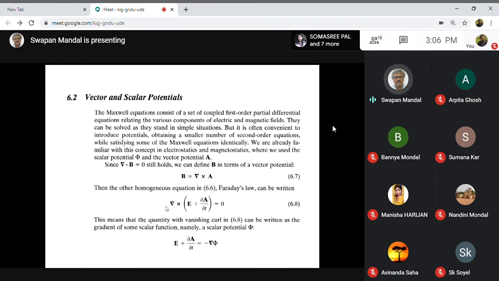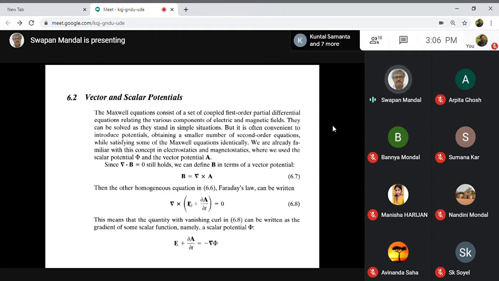Since curl of E plus del A del T equal to 0, now you just apply your knowledge of electrostatics. But in electrostatics, this del A del T term was not there. It is an additional term, and it has the dimension of an electric field in some sense.